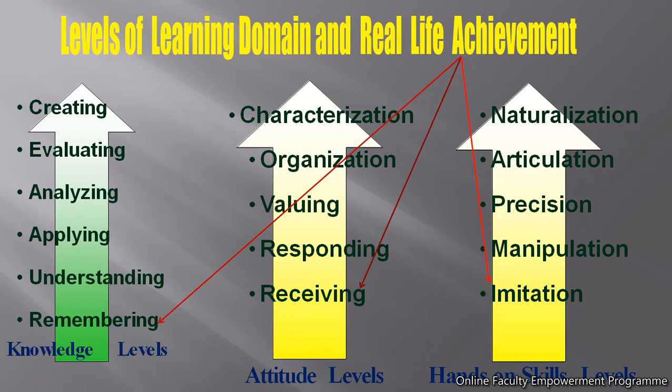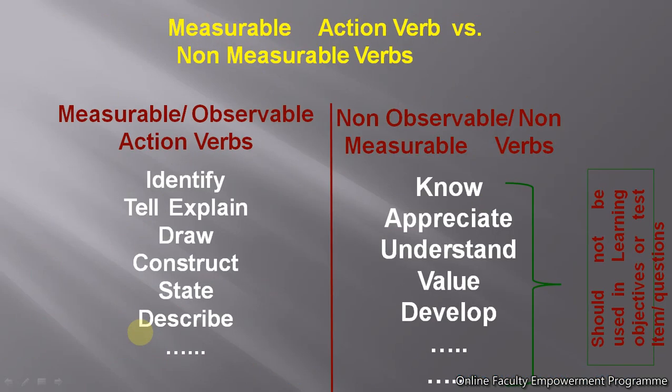Automatically all will be fulfilled whenever we design the mechanism by using Bloom's. Generally we are supposed to use measurable verbs like identify, draw, construct, etc. We are not supposed to use non-observable or non-measurable verbs whenever we are preparing the learning objectives.